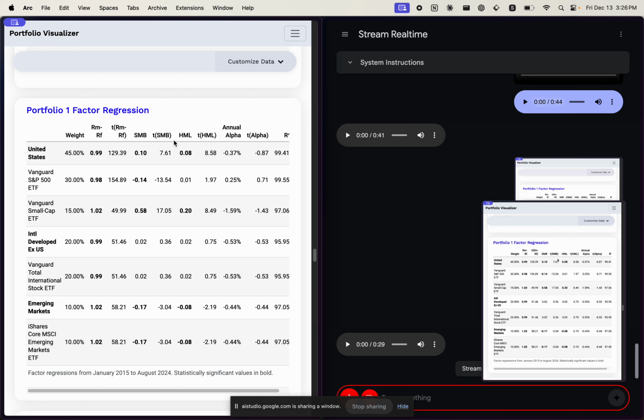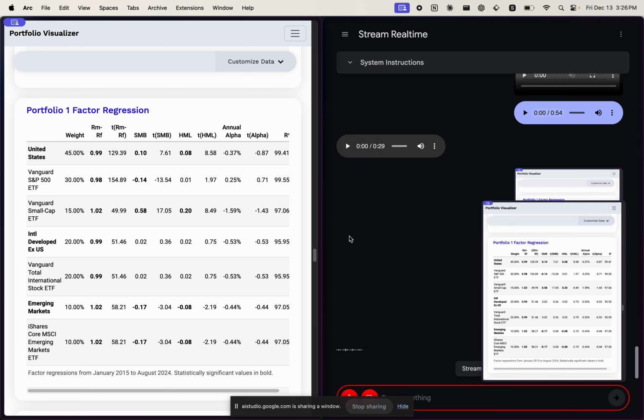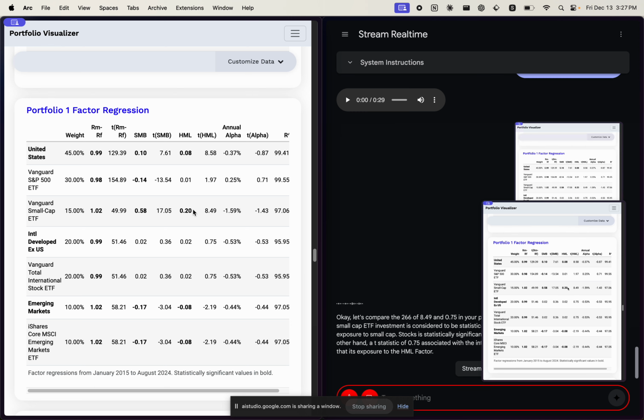But how should I interpret the magnitude of those values? Like what is 8.49 compared to 0.75 mean? Okay, let's compare the T statistics of 8.49 and 0.75 in your portfolio. The T statistic of 8.49 associated with the small cap ETF investment is considered to be statistically significant. This means that the portfolio's exposure to small cap stocks is statistically significant and is not likely due to random chance.